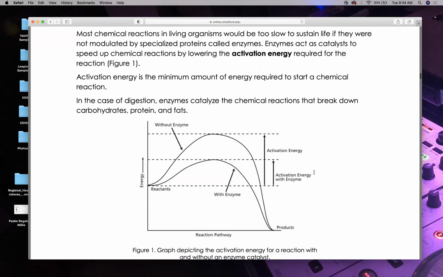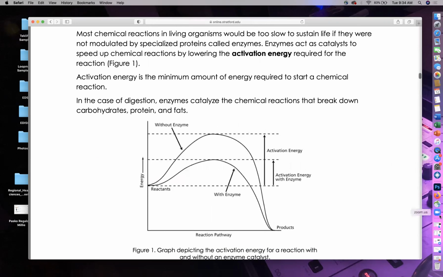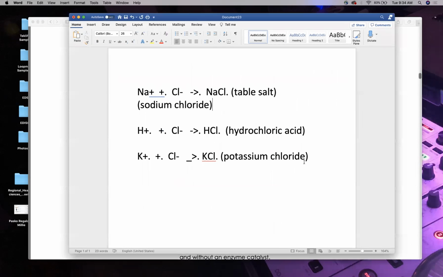So the enzyme that breaks down carbohydrates, let's write this down. Right? If I want to break down a carbohydrate, the enzyme that'll break down a carbohydrate is called, oh, great. Now it's bothering me.